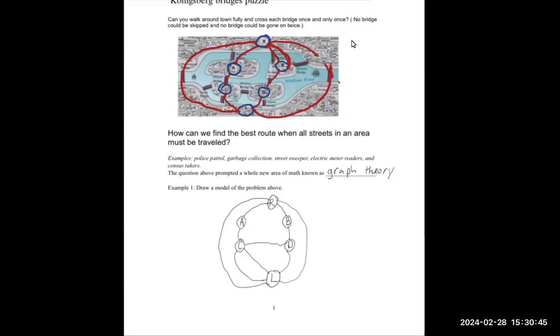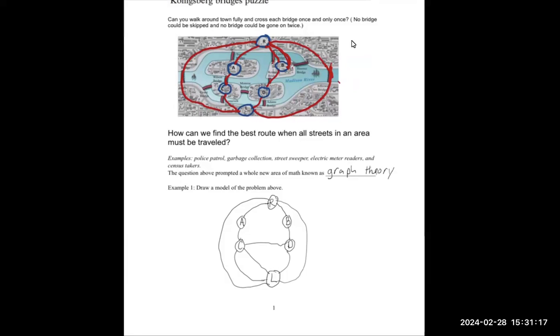All right, so if you imagine now erasing all the actual bridges and all of the river, the city, everything else, and just having the red and blue marks that I drew there and the letters A, B, C, D, and L, R, that's what the model of this picture would actually look like.